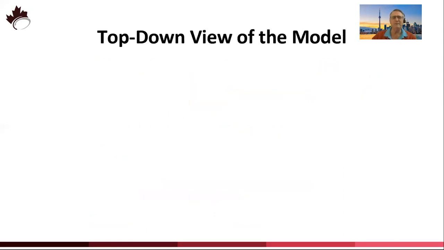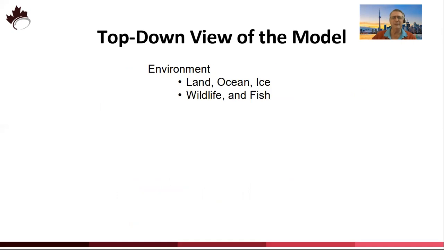So here we have a discussion of the model where we have the environment, which is divided into the land, ocean, and ice, and the wildlife and fish. And then we have people, which involve the native population and the non-indigenous population that moved to the north to do the development.